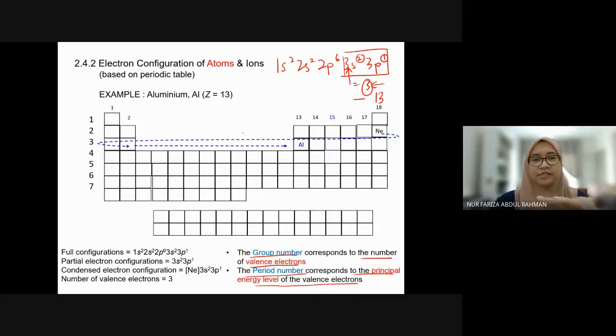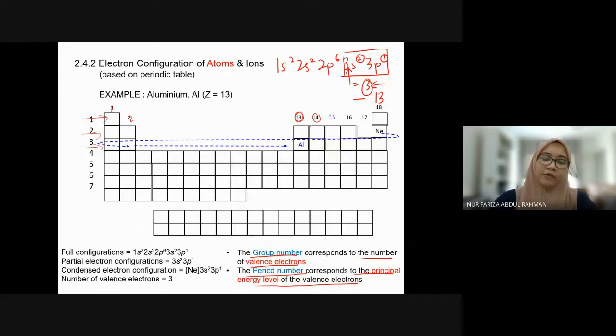As you can see, we have rows and we also have groups, group 1 to 13, 14, 15, 16, and until 18. From the electron configuration, we would know the valence electrons and also the group of the element it belongs to. We have 3 valence electrons, therefore it belongs to group 13.